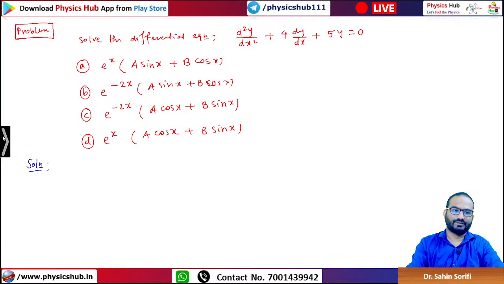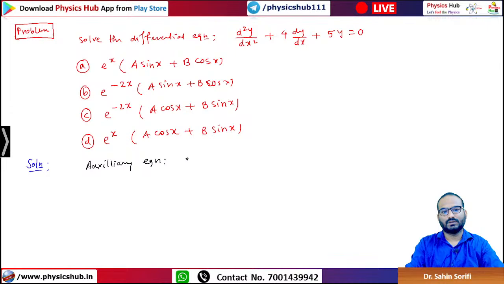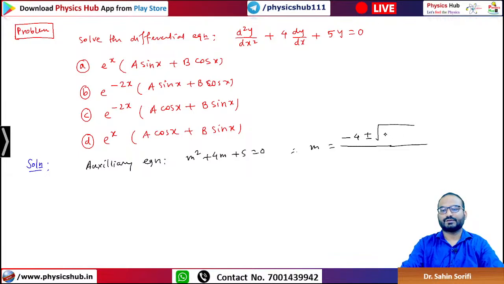C, let's see. Auxiliary equation: m square plus 4m plus 5 equals to 0. We can use Sridhar formula. So minus b plus minus root over b square minus 4ac divided by 2a.